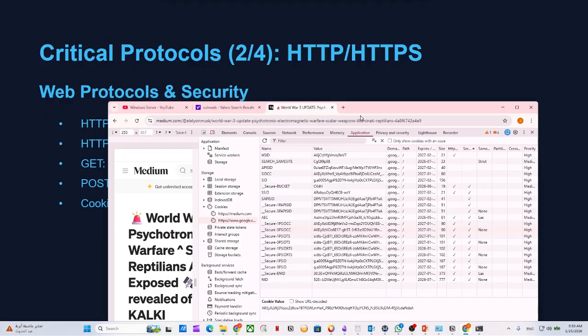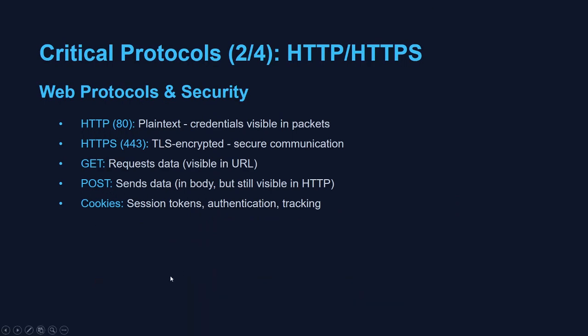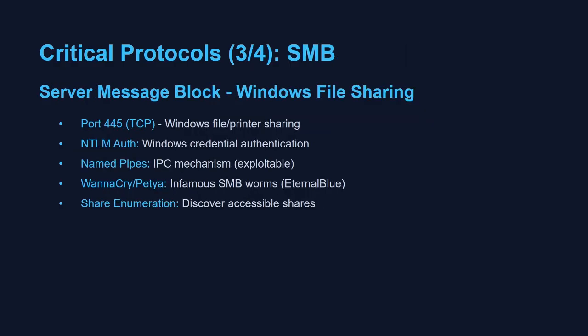So this is what we call cookies, for authentication and tracking sessions. Let's say I logged in now. The server is going to give me a cookie, and it saves it.